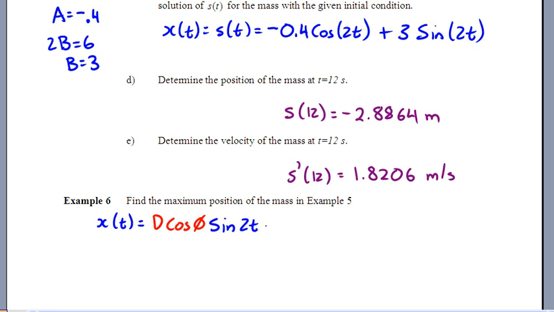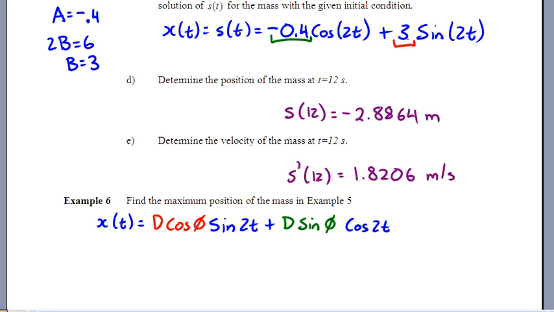And then there was the green part, plus D times the sine of phi times the cosine of 2t. This is the hard part. So looking back at this story here, the green thing is the stuff in front of the cosine, and the red thing is the stuff in front of the sine.